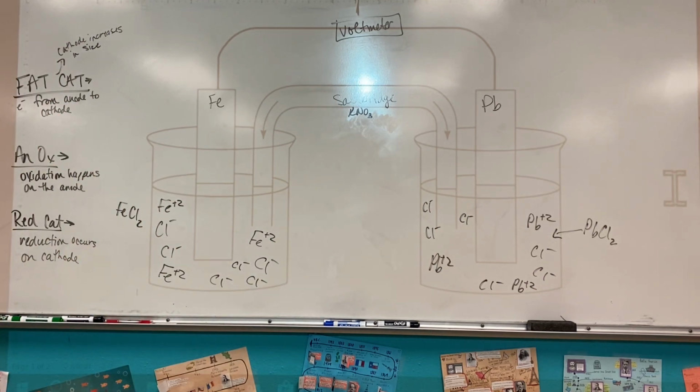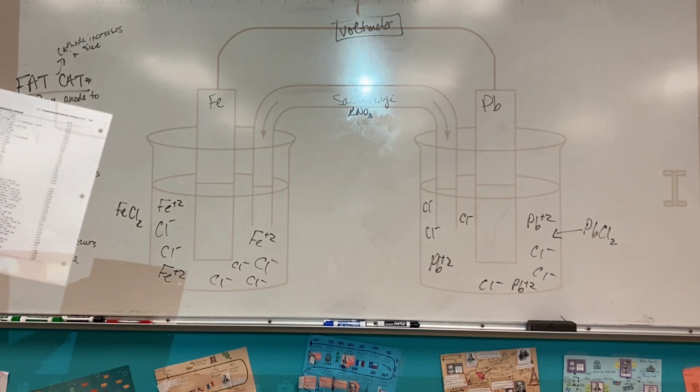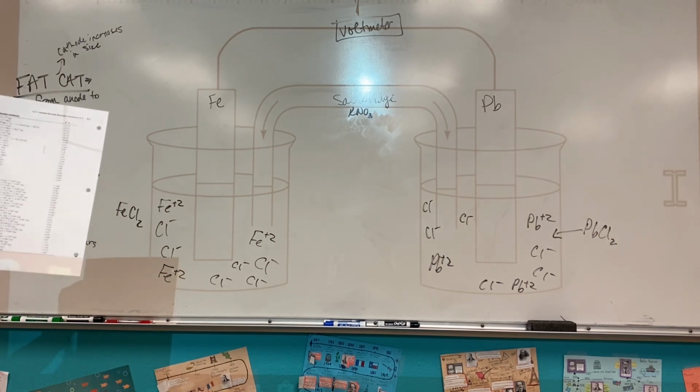And now, in order to finish solving for this, you have to actually look at your reduction tables. So now let's look at our reduction tables. So you have iron with a +2 charge. I believe it was on the back. And so it wants to gain 2 electrons. So it's going to be right here along the back.